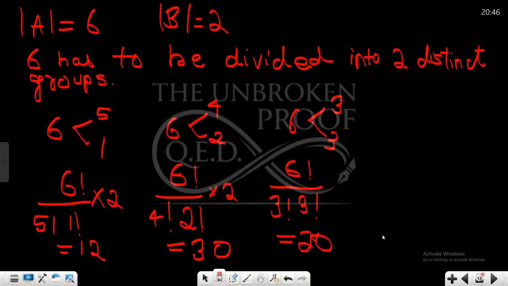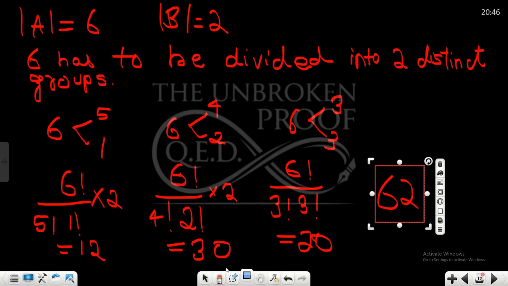So the final answer is 30 plus 20 plus 12, which is 62. So the number of onto functions from A to B is 62.